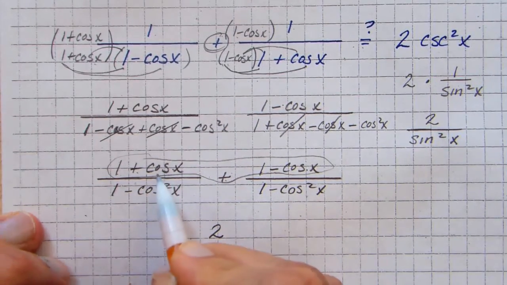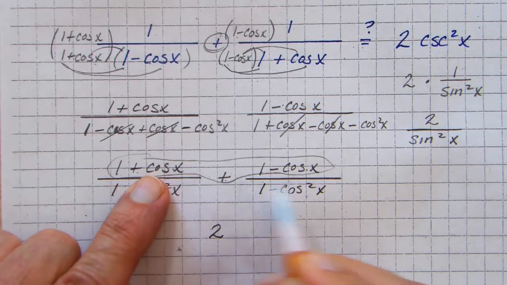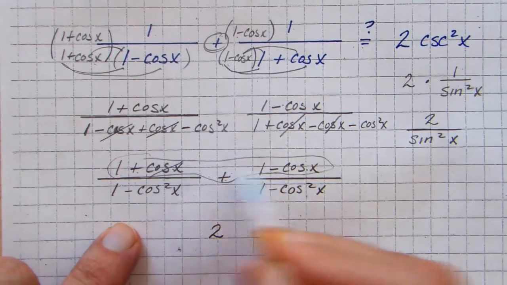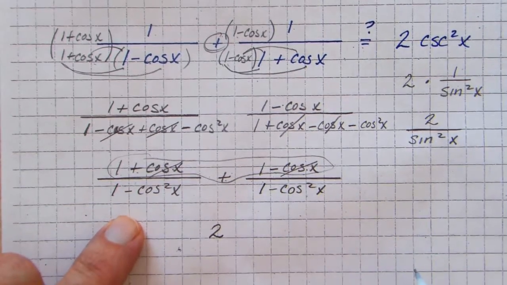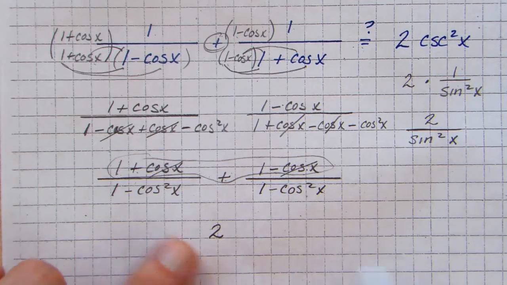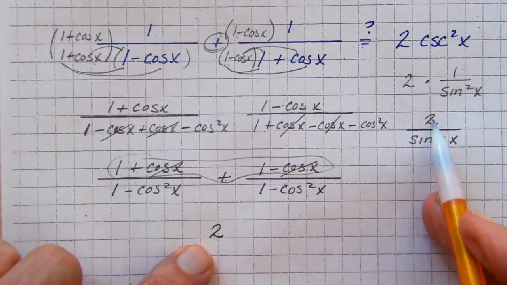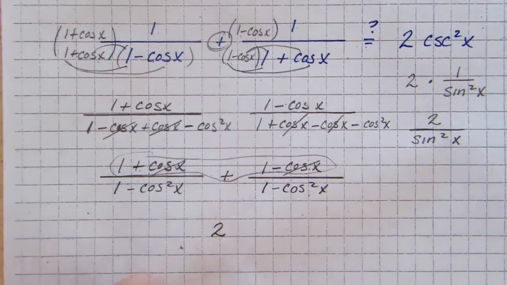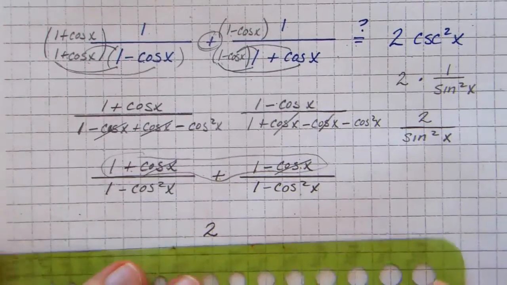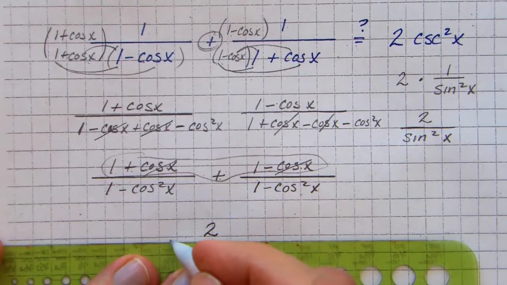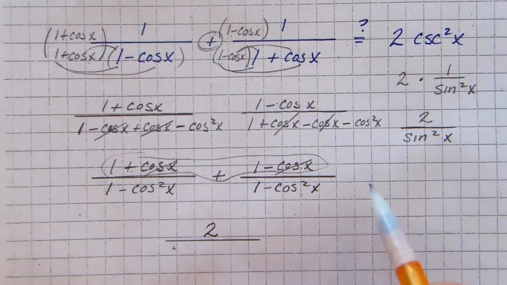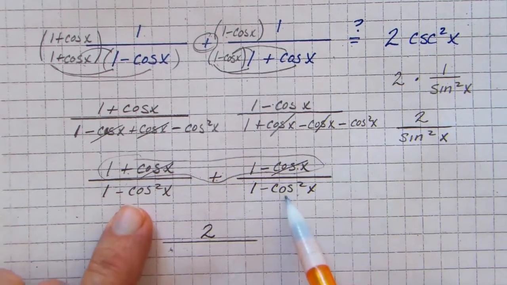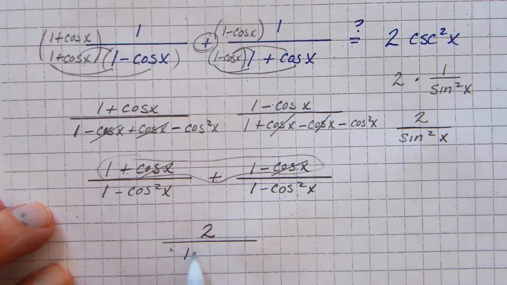And then I've got plus cosine plus a negative cosine. Well, those are going to cancel one another out. So all I have is 2, and that's great because that's what I'm looking at over here is 2. So I'm feeling pretty good. And then I put this over the common denominator, which is 1 minus cos squared.